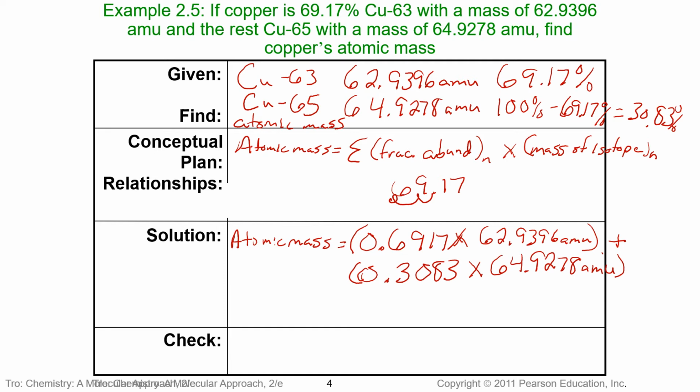So we do our multiplication and then we add them together. Now notice when it comes to significant figures, we have 6 in each mass, but we only have 4 in our abundance. And so we're going to be limited through this multiplication to 4 significant figures.